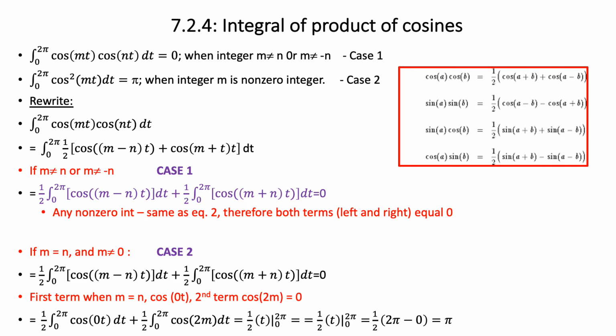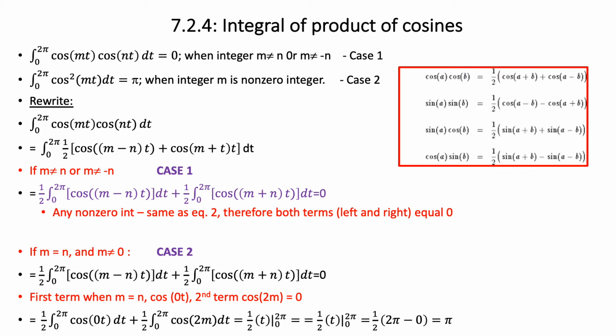If we integrate cos mt cos nt dt, based on a trigonometric identity as enclosed in the box, it will give us the integral of half of cos (m minus n)t plus cos (m plus n)t dt.